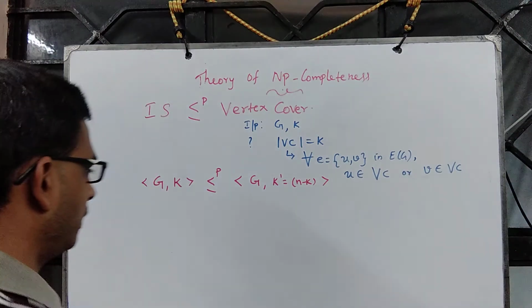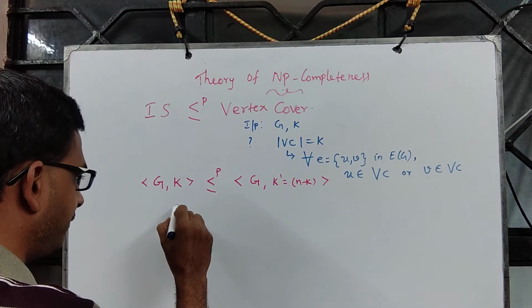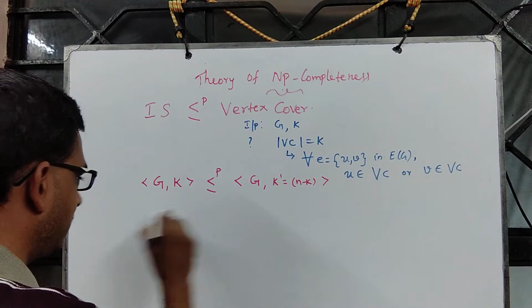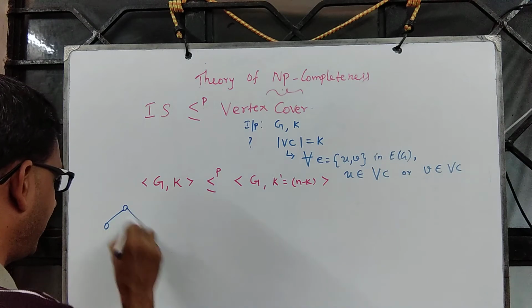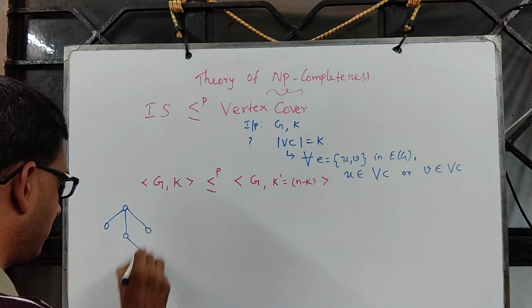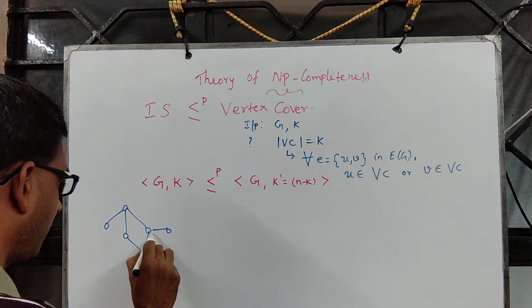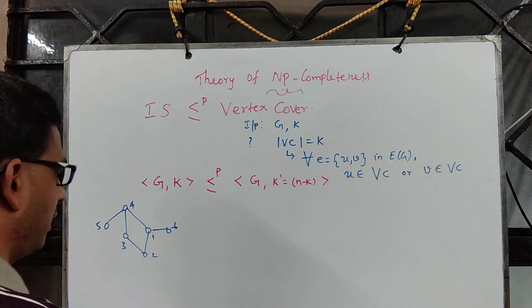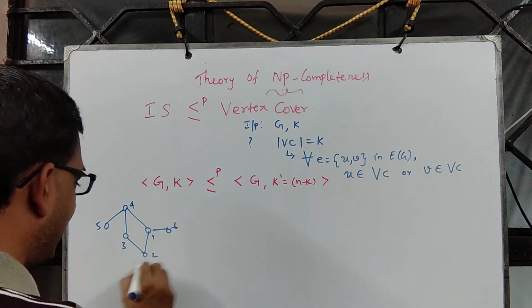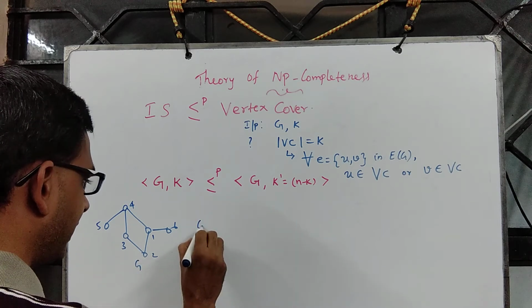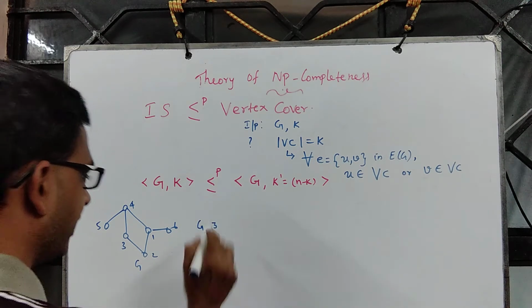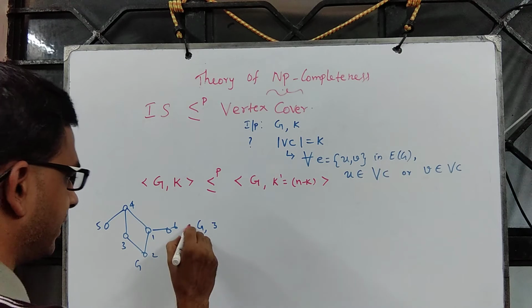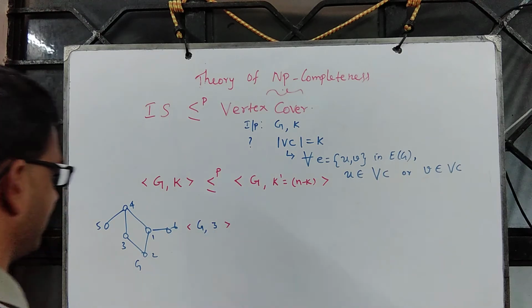So each instance of independent set. Suppose you take a graph like this. Suppose we ask for say G comma 3. Does there exist an independent set of size 3 in this?